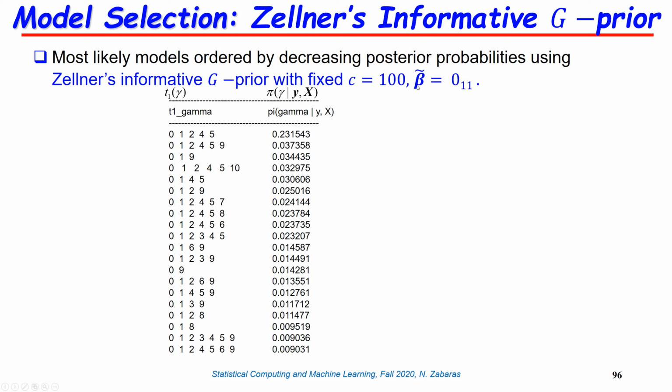I am fixing c to be 100, I am taking the prior mean to be 0, and this is a part of the calculations of these posteriors for different models, and I have ordered these models starting with the highest posterior model, right? That's the model that has the bias term and the explanatory variables 1, 2, 4, and 5, and the second highest posterior model is the one with variables 0, 1, 2, 4, 5, and 9.